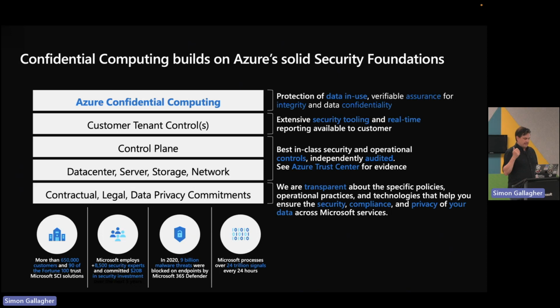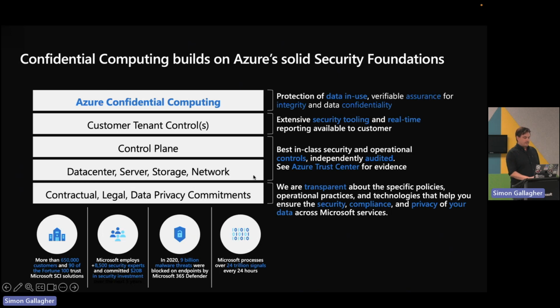So it's the contractual commitments that Microsoft make around legal elements, the data privacy commitments that are made. All of these things are fairly transparently laid out in the terms of use, all the 900-page documents that Microsoft produce around these topics. But there are ways of boiling that down to a much simpler version, which are really there around setting people's expectations around how Microsoft handle and deal with your data in the platform.